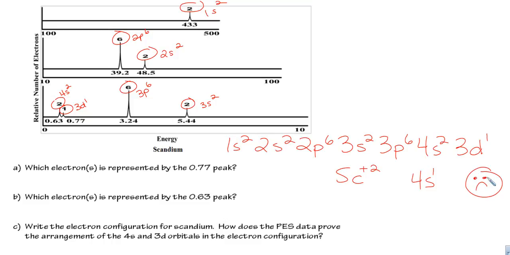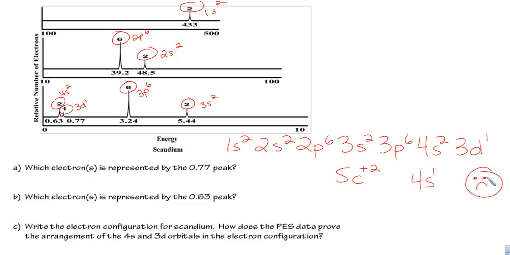Now I applaud them on one thing. They knew that scandium plus 2 means lose 2 electrons. That's good. However, we need to remove the 2 electrons that are furthest from the nucleus. We remove the 2 electrons that have the lowest ionization energy, the ones that would be the easiest to remove.